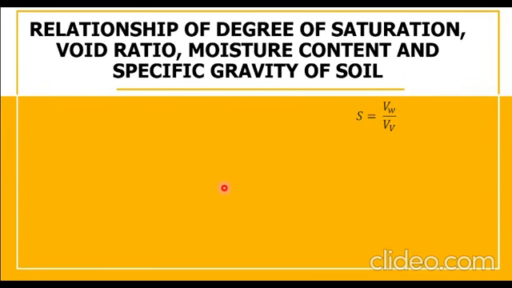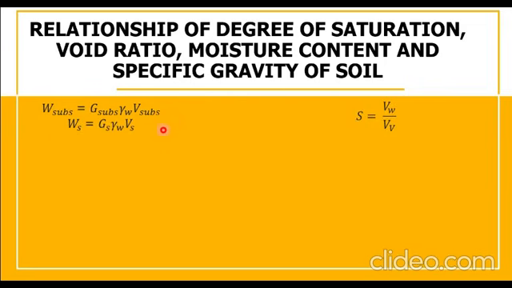Next, the relationship of the degree of saturation, void ratio, moisture content, and specific gravity of soil. We all know that weight of substance is equal to specific gravity of that substance multiplied by the unit weight of water multiplied by the volume of substance. We recalled this formula already.